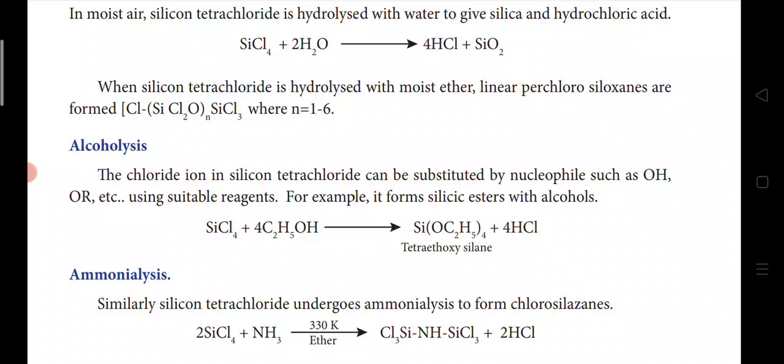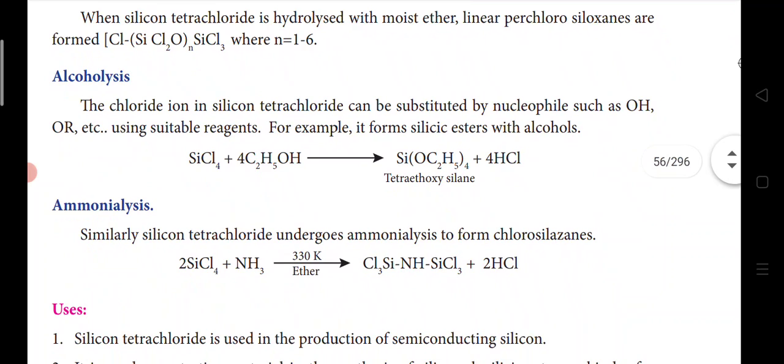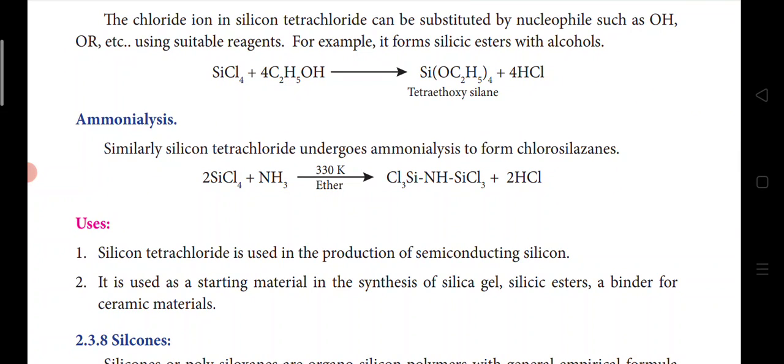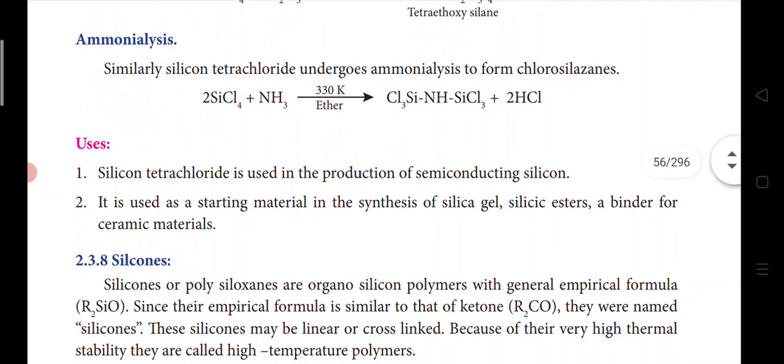Alcoholysis: the chloride ion in silicon tetrachloride can be substituted by nucleophiles such as OH or OR using a suitable reagent. For example, it forms silicic esters with alcohols. So silicon tetrachloride reacts with ethanol to form tetraethoxysilane. And ammonolysis: it reacts similarly, it reacts with ammonia to form chlorosilanes.